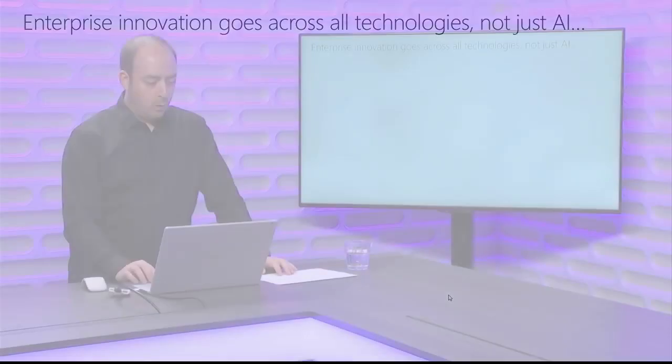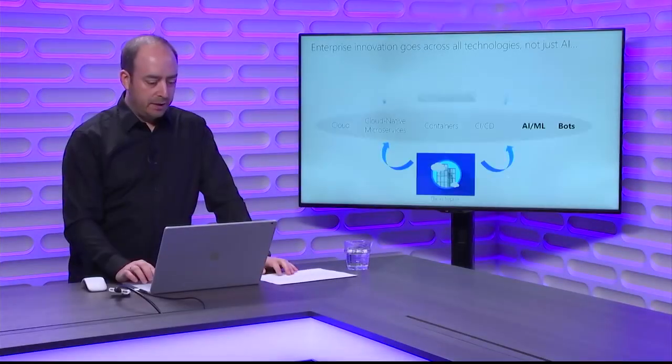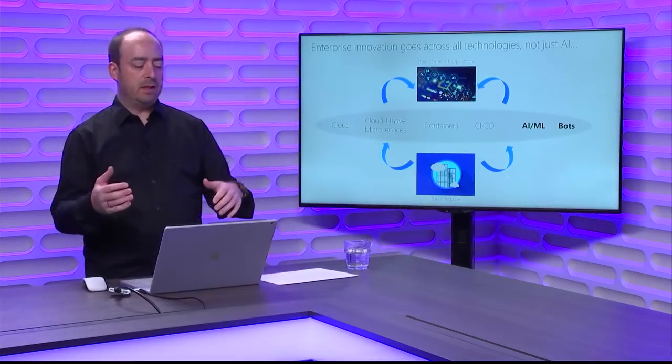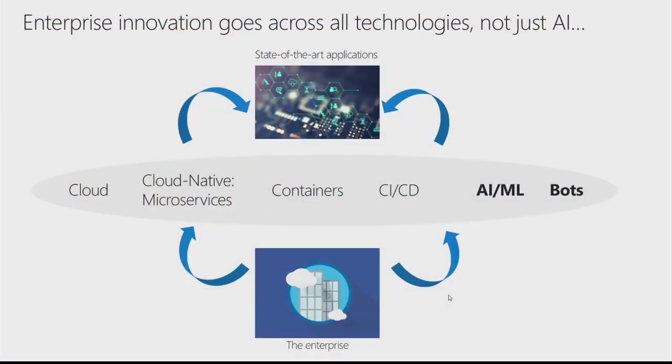And then finally, I also want to highlight that usually in the enterprise, you might be researching not just AI and ML, but also maybe microservices and bots and so on.